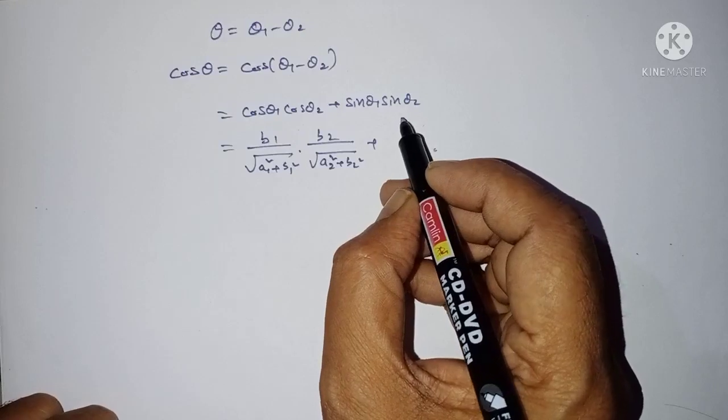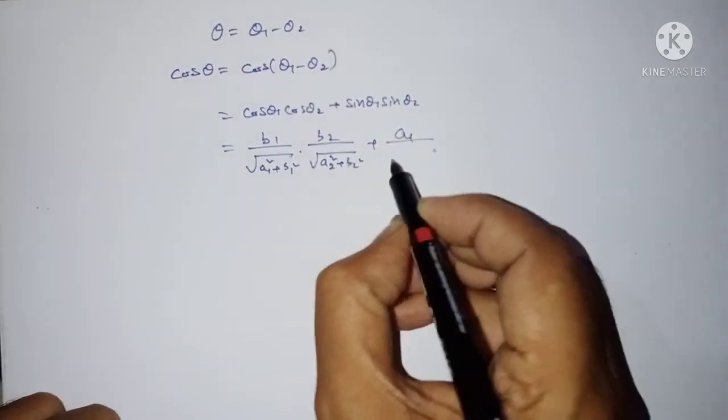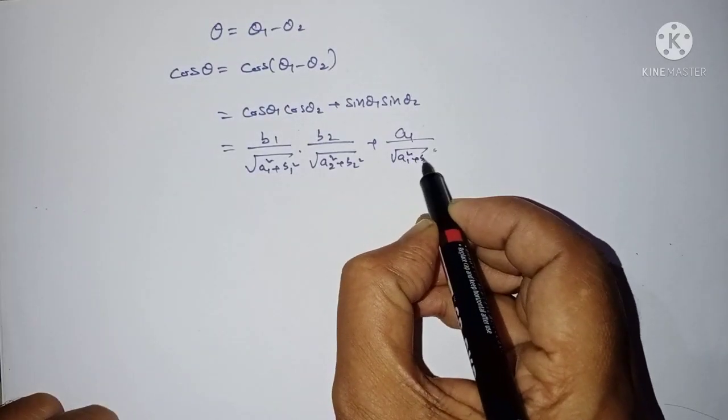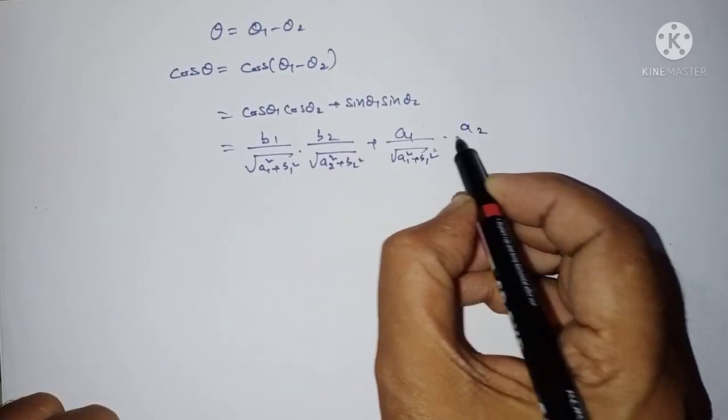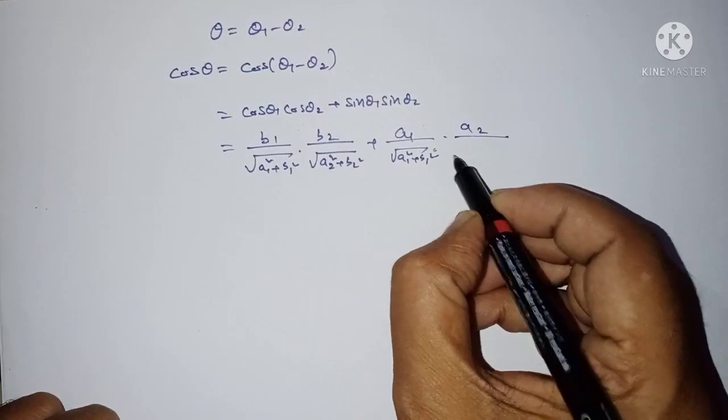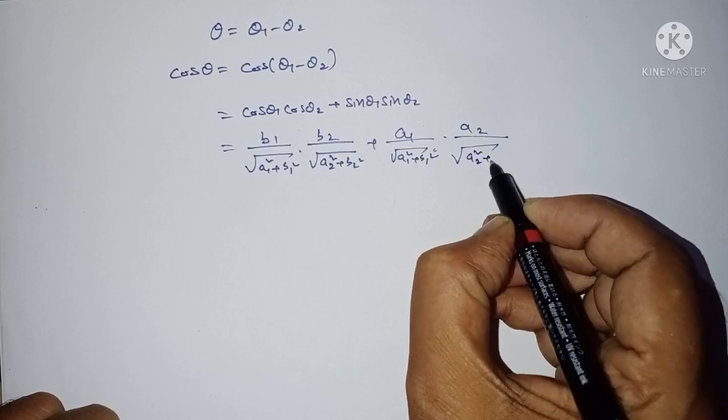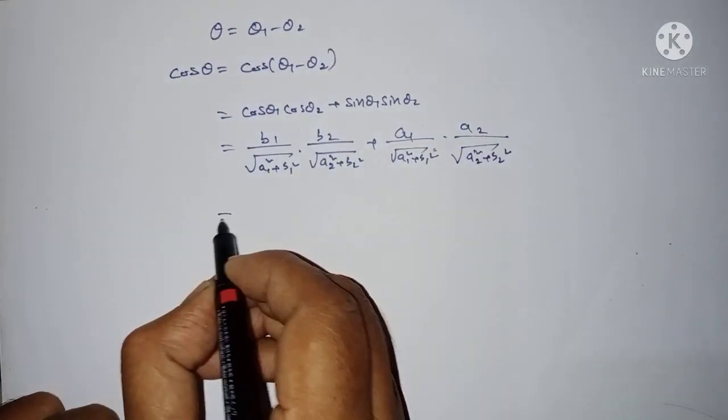And sin theta 1 is A1 by the square root of A1 square plus B1 square, and sin theta 2 is A2 by the square root of A2 square plus B2 square.